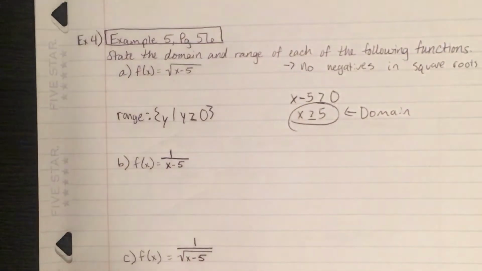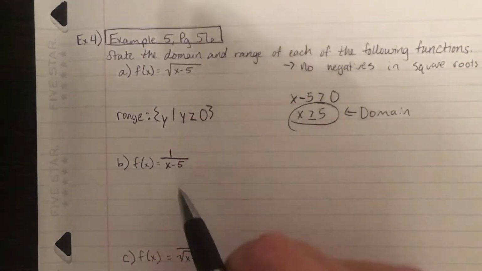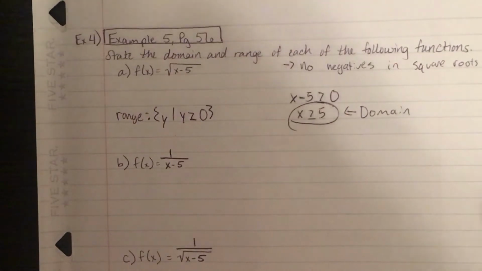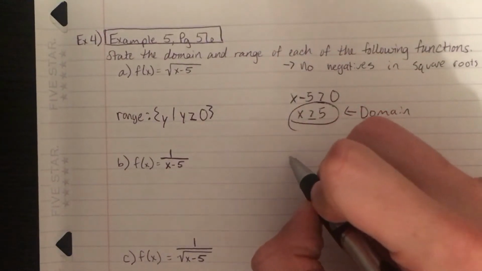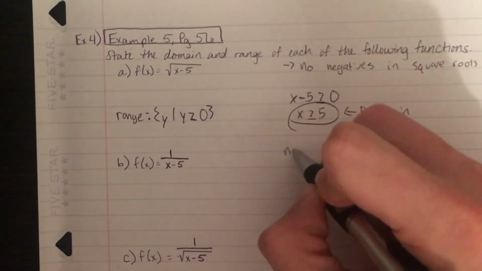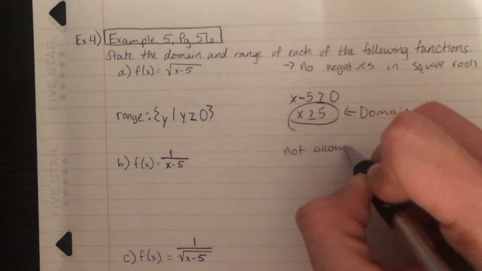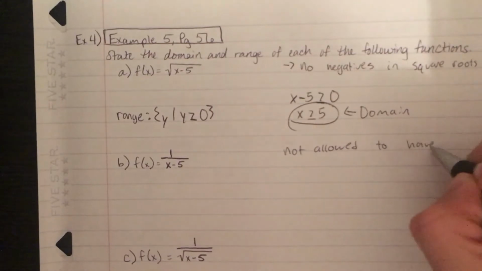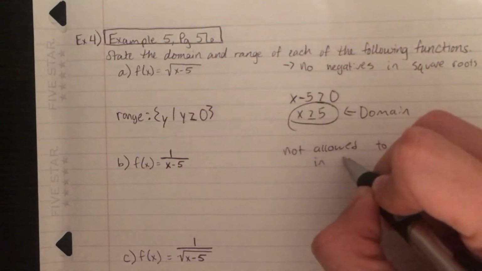So then on the next one here, where we're talking about the domain and the range, we need to understand that when we have a fraction, you cannot divide by 0. You are not allowed to have 0 in the denominator.